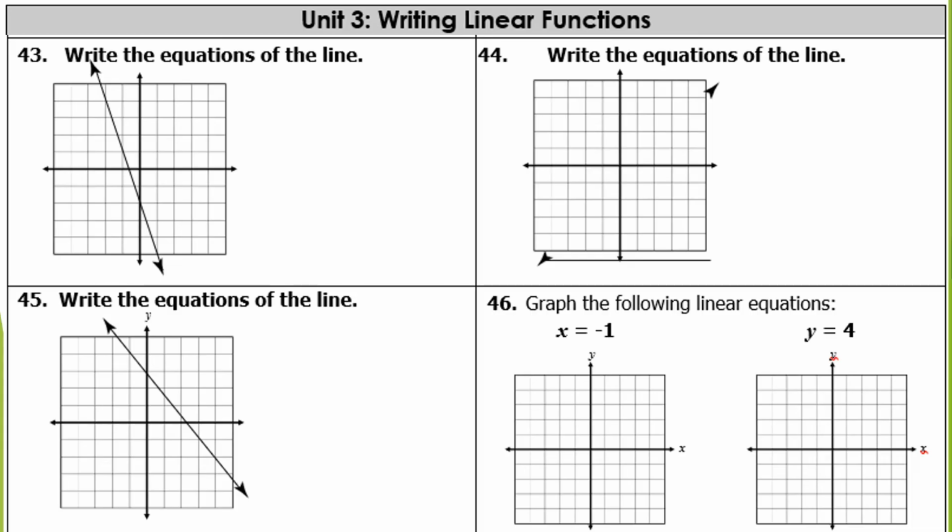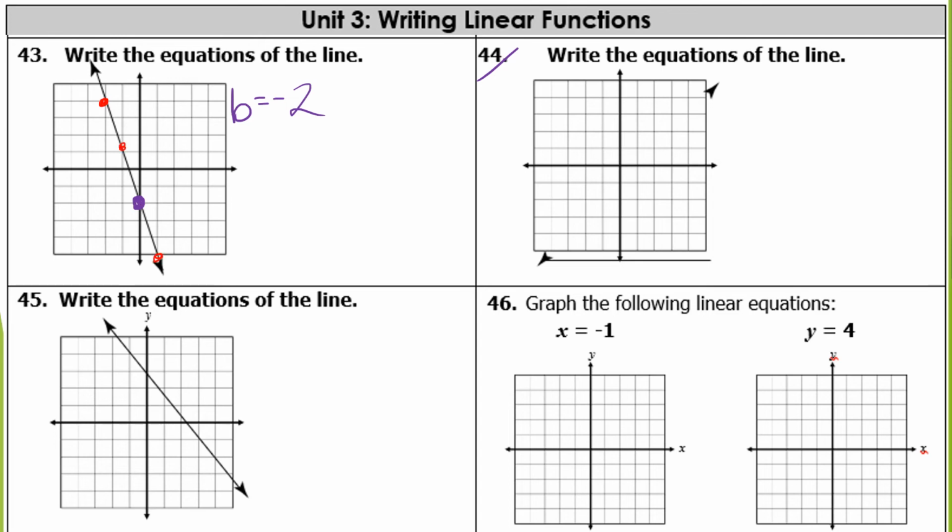Let's review the opposite, writing equations of a line. I apologize if 44 didn't copy over correctly, so let's look at 43. The first thing I notice on 43 is I can see the y-intercept. My beginning is -2. But I also need a slope. I see that I could draw some dots here, here, here.